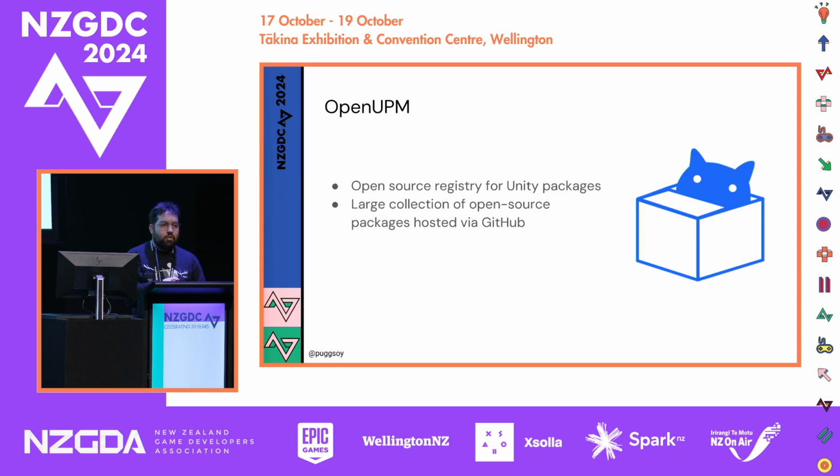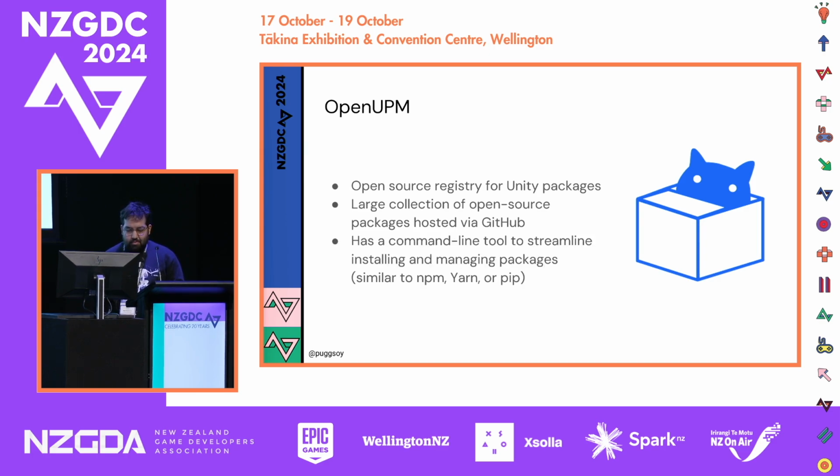It's similar to the asset store in a lot of ways, but the difference is that they're open source, so they're always free, and there's not any kind of finicking stuff you have to do with Unity's licenses or anything like that. It's just open source, and this is just an easy way for people to install things that are hosted on GitHub rather than having to go through all the finagling with Git itself and all that.